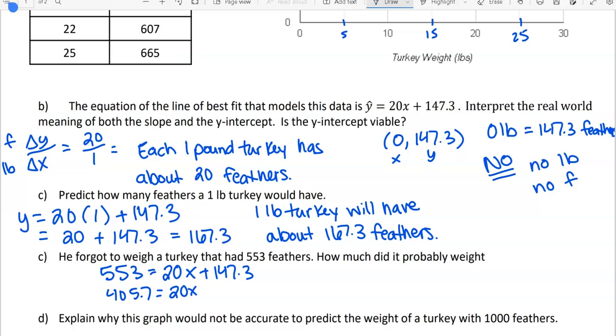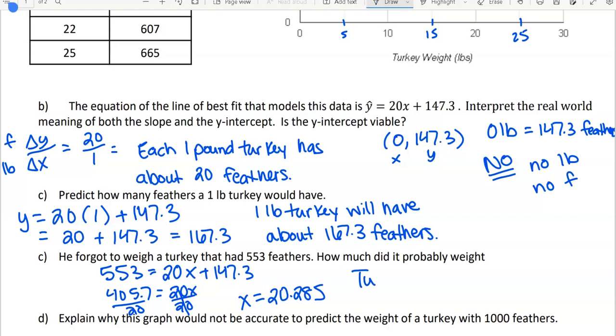And then I'm going to divide 405.7 by 20, divide by 20 on both sides. 405.7 divided by 20, I am getting a weight of about 20.285.